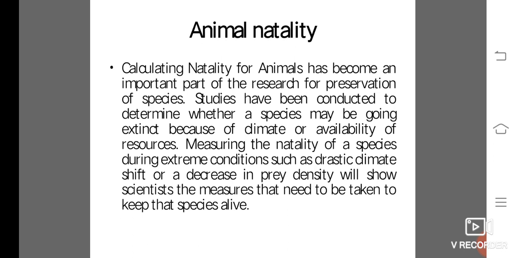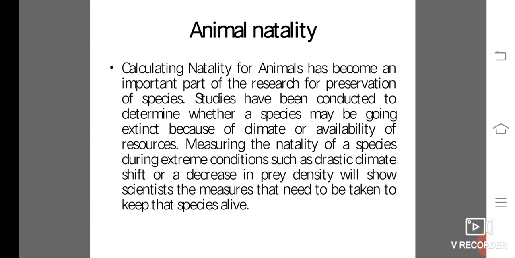Measuring the natality of a species during extreme conditions such as drastic climate shift or a decrease in prey density will show scientists the measures that need to be taken to keep that species alive.